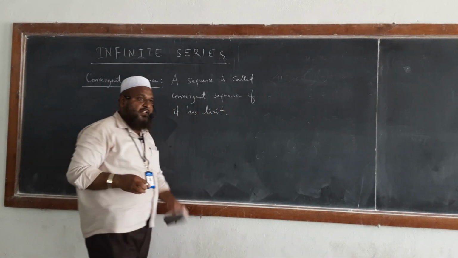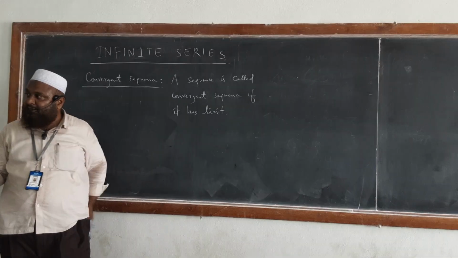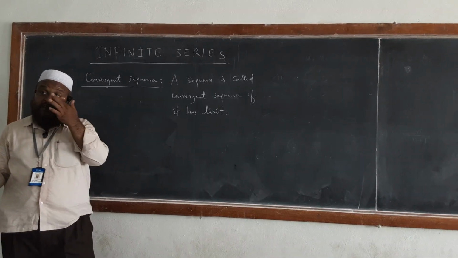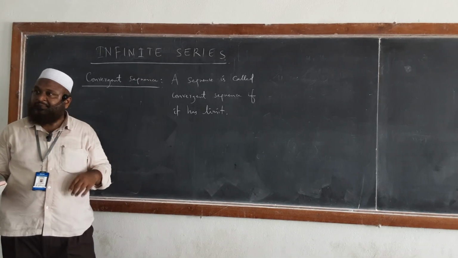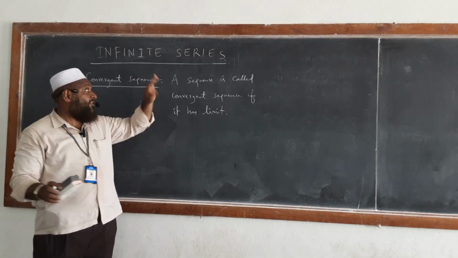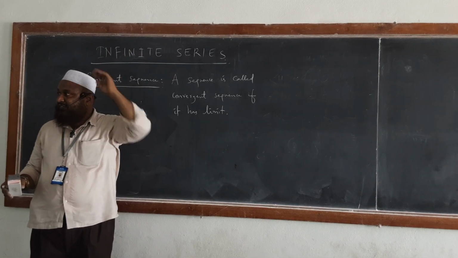We discussed in an earlier class some background about it, right? So it is a limit. If there is a limit, that sequence we call a convergent sequence. If it is not convergent, in all other cases it is called divergent.